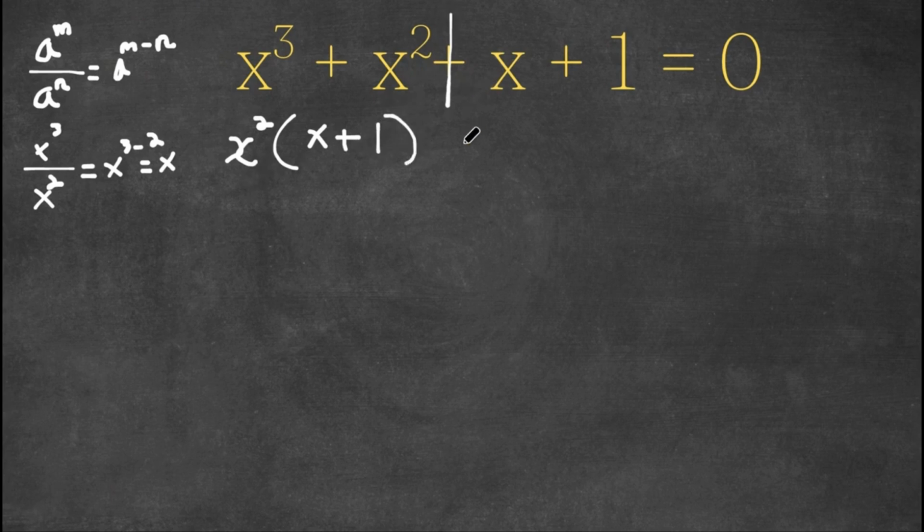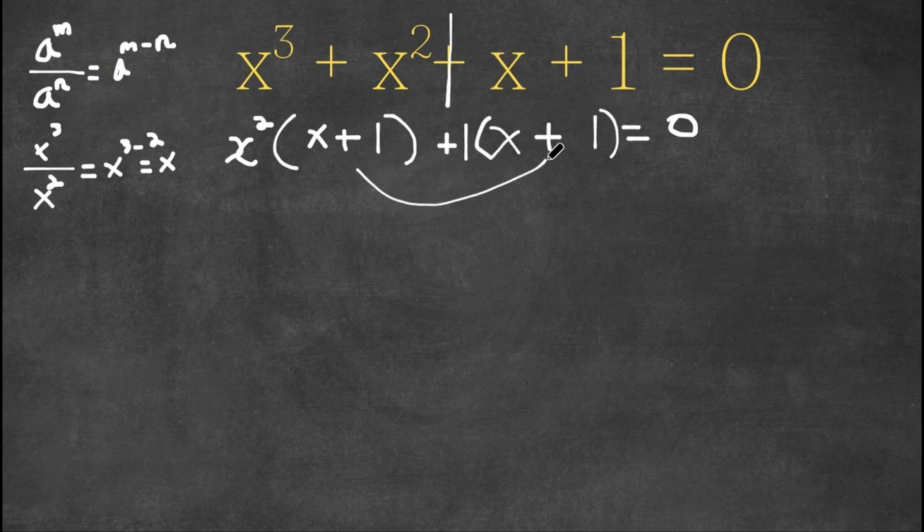And now on this side we have plus, and as you can see, since we already have x plus 1 here, we don't need to do anything. This side can't be simplified. And this is equal to 0. So now this would actually give us two equations, because x plus 1 is x plus 1 times 1, right?